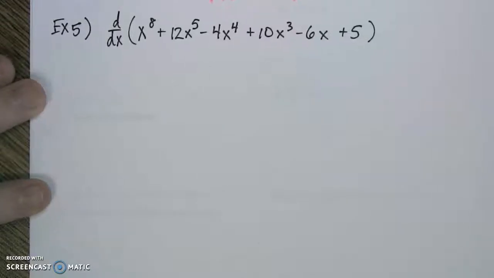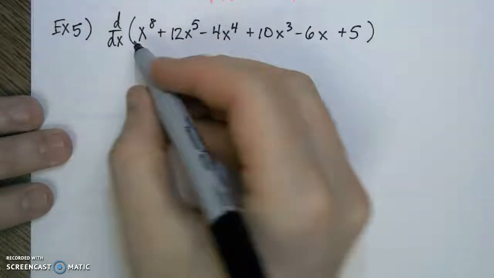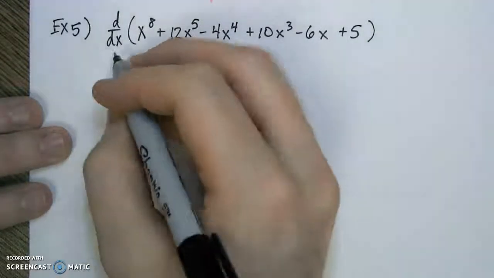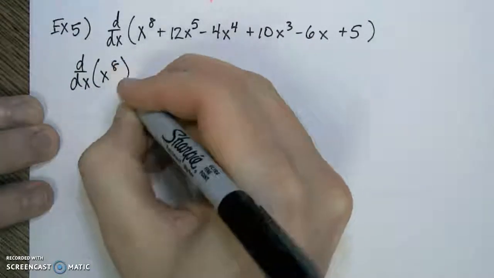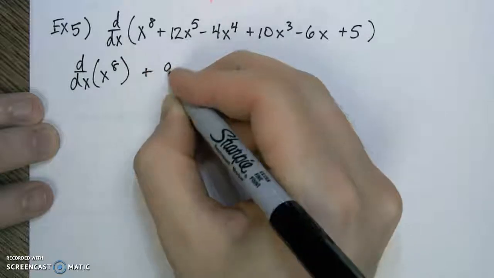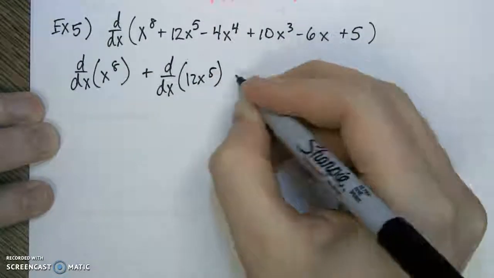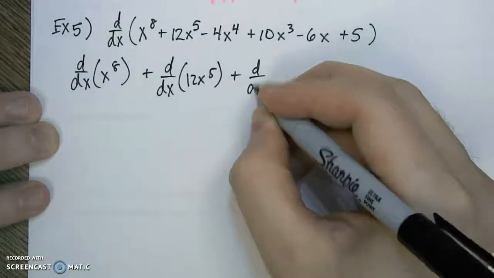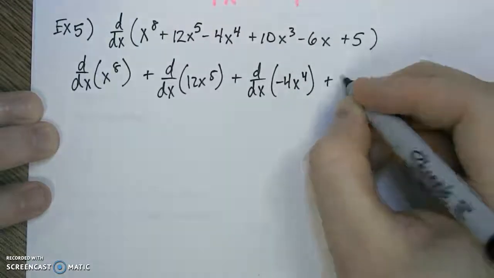Here I'm going to show you the long way just so you know how it can work, and then I'll show you a shorter way, just like on the last one. So what we can do is split these into 1, 2, 3, 4, 6 derivatives. So derivative of the first term plus derivative of the second term plus derivative of the third term, and so on.